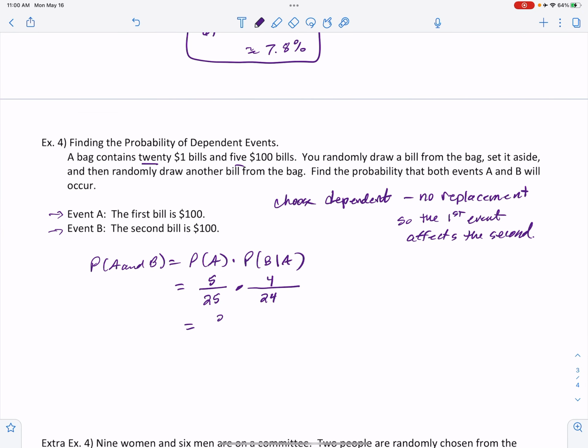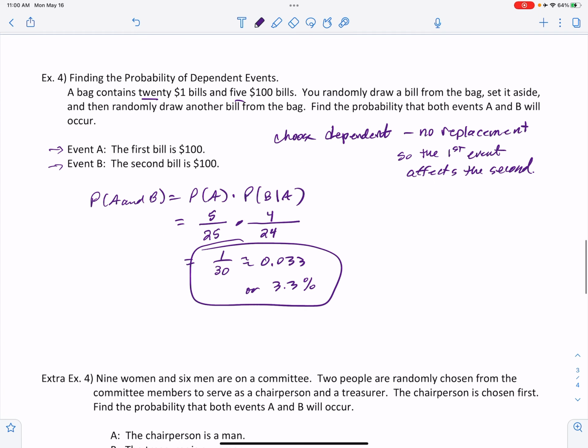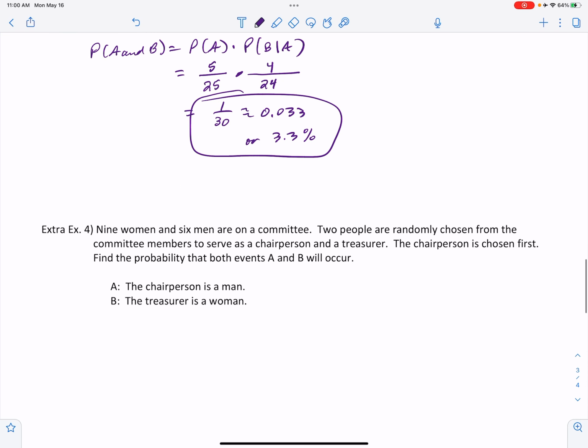So if you reduce that, you get 1/5 times 1/6, which is 1 out of 30, which is about 0.033 or 3.3%. So typically give the fraction, the decimal, and the percent.